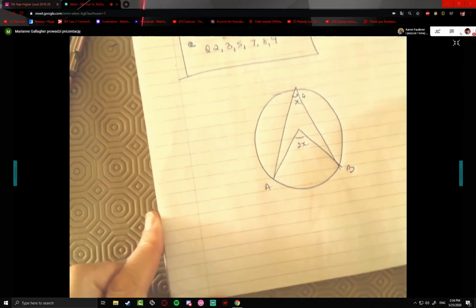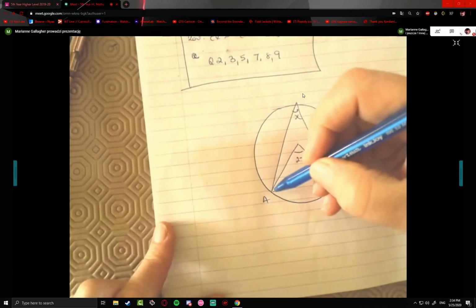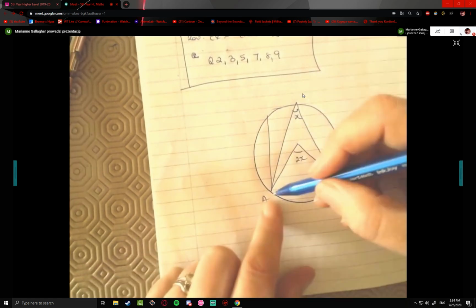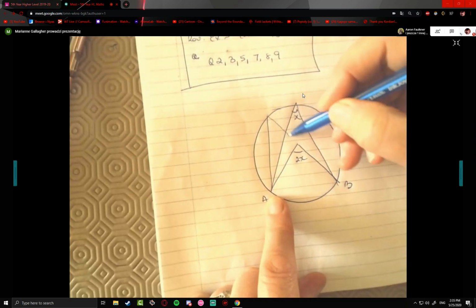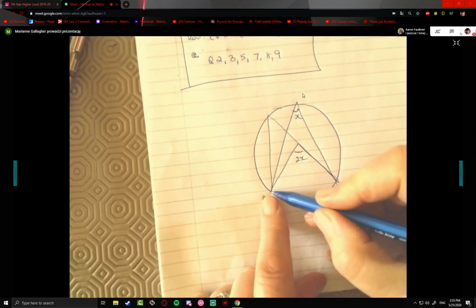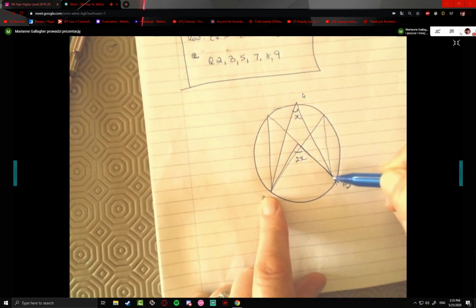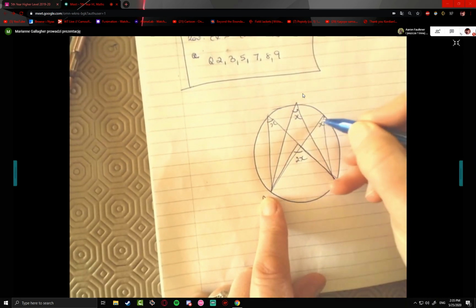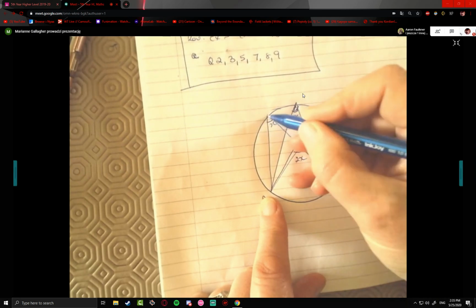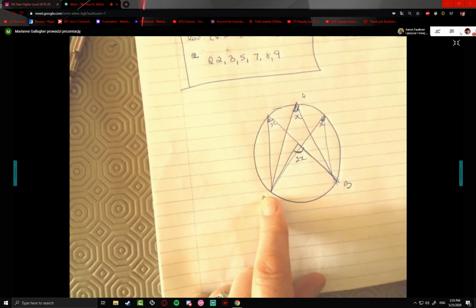And then if you go on the same arc, if you begin at A, go to the edge, and then go back to B, no matter where the angle is, they're all the same size. So all those angles are going to be the same, and they're all going to be half the one in the middle. Does that make sense?